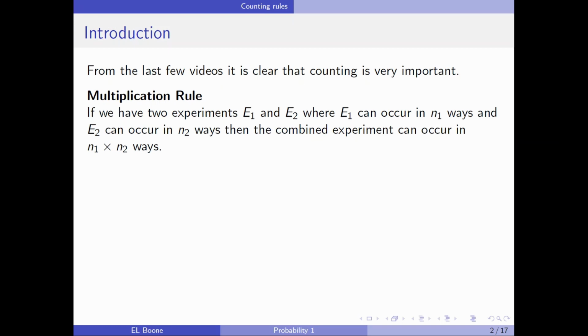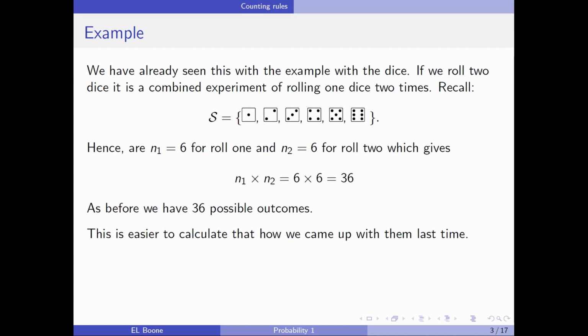And let's look at this here real quick. An example. Well, we've already seen one of these. When we had the dice before, we recall if we roll two dice, it's a combined experiment of rolling one dice two times. And if I roll one dice, this is the sample space. It's a dice with one facing up, a dice with two dots facing up, a dice with three dots facing up, four dots facing up, five dots facing up, and six dots facing up.